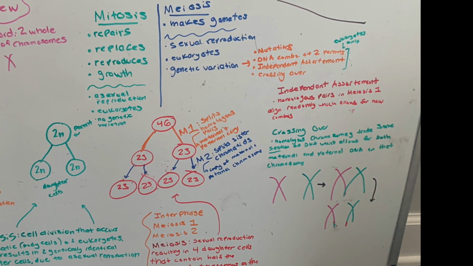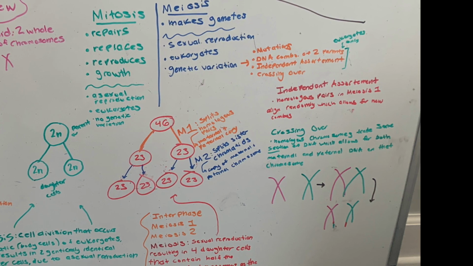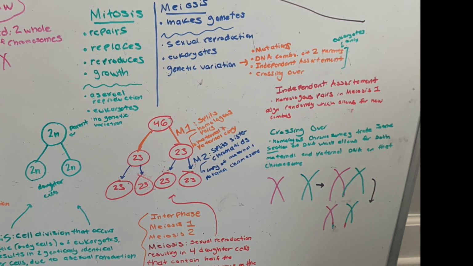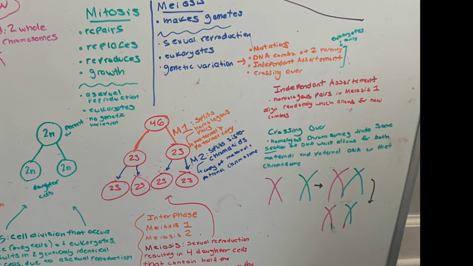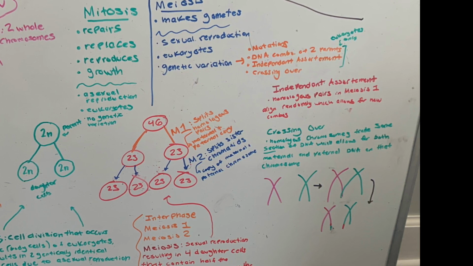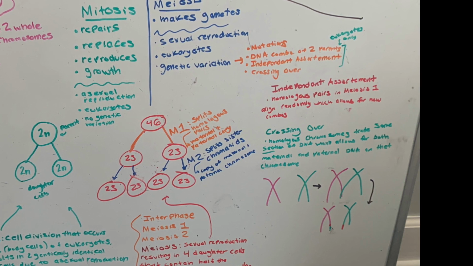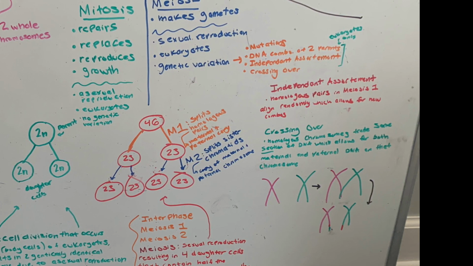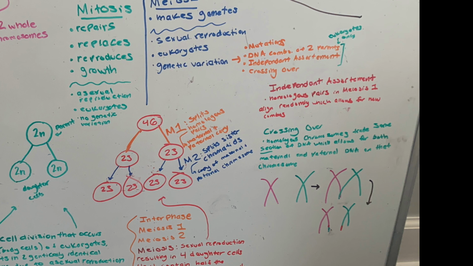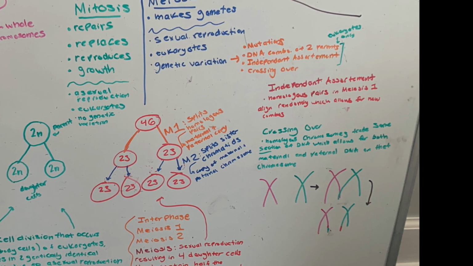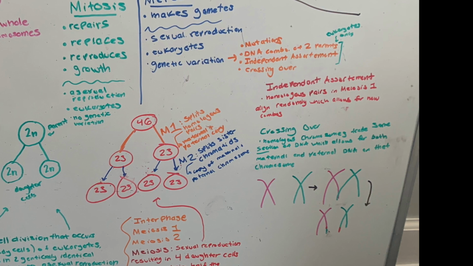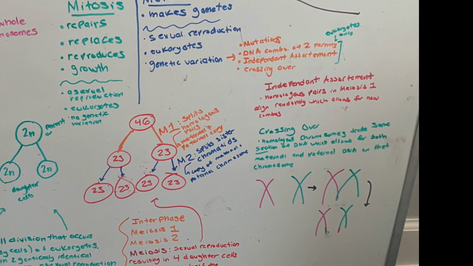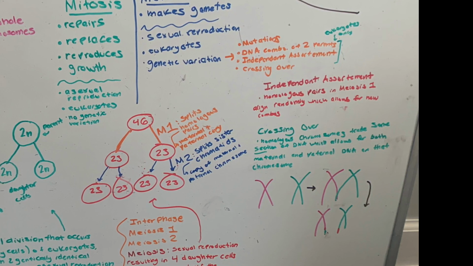So whatever side the maternal DNA goes to or the paternal, it doesn't matter, which creates a number of outcomes. And then crossing over happens when homologous chromosomes trade the same section of DNA, which essentially allows for that maternal and paternal DNA to be on each chromosome.